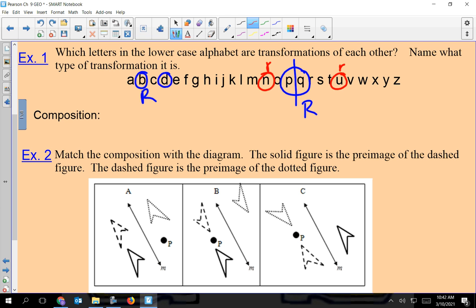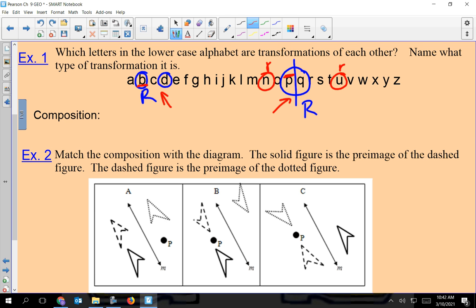If you went back and looked at P and Q and B and D, you could pick B and P, which could be a reflection. I could have reflected it if there was a line above the P or below the B, or I could have rotated it.